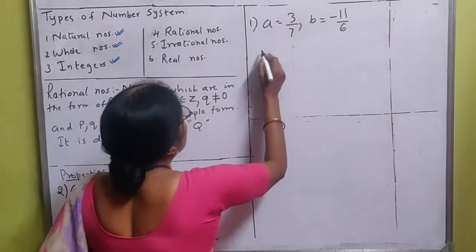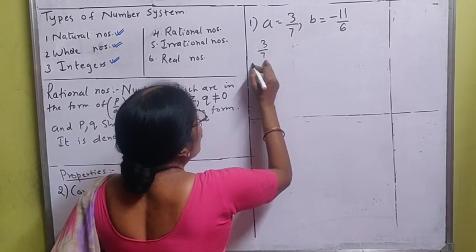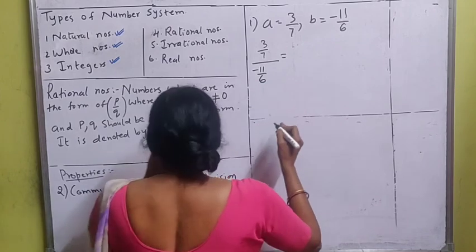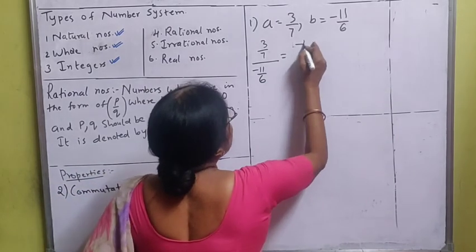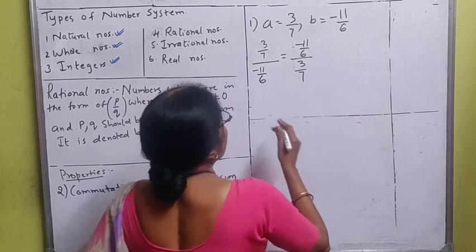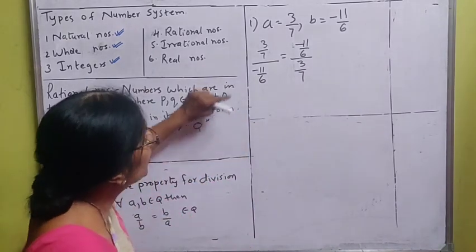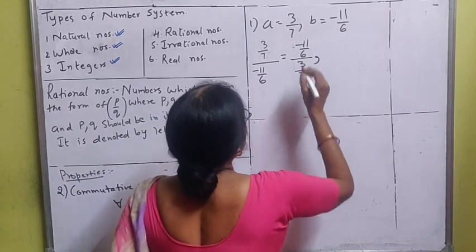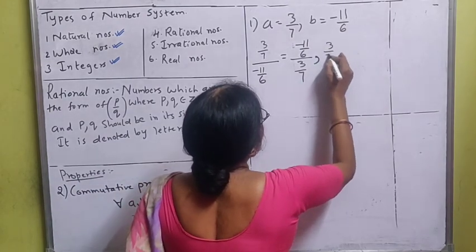What is the A value? 3 by 7 whole divided by minus 11 by 6 should be equal to minus 11 by 6 whole divided by 3 by 7. So what do you have to do? First I told you, the first fraction you keep as it is. So what is the first fraction? 3 by 7.